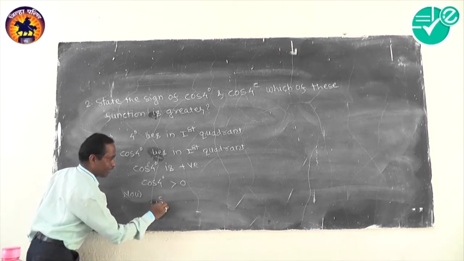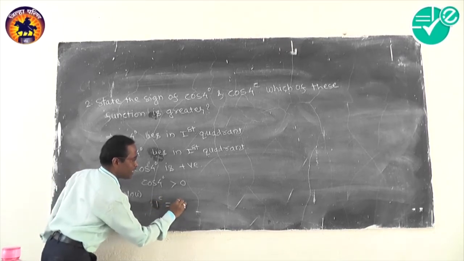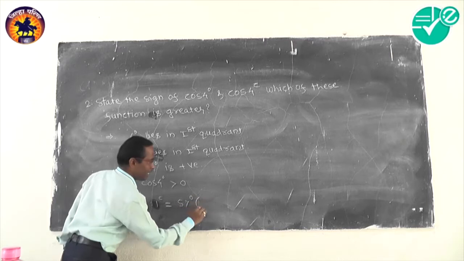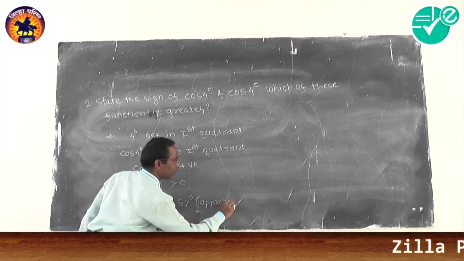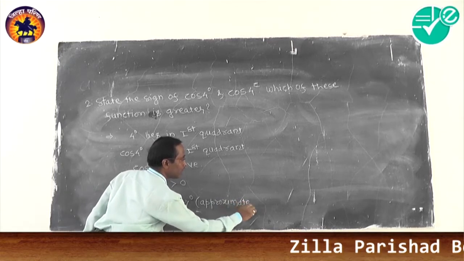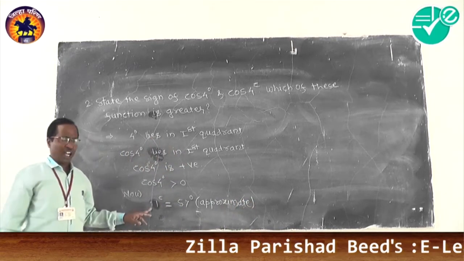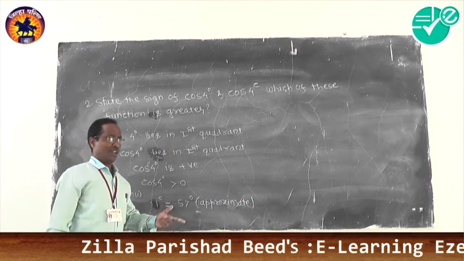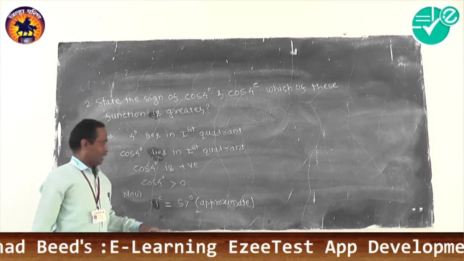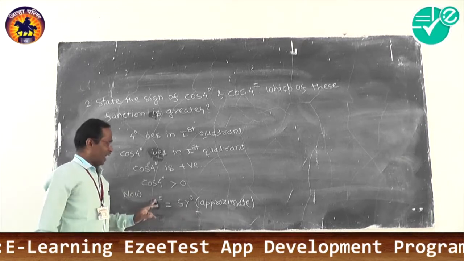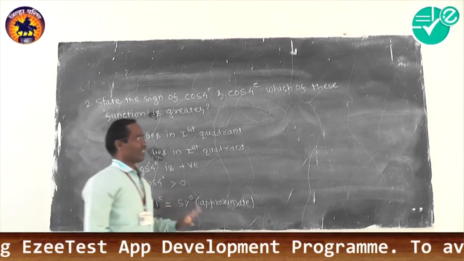Now 4 radian. 1 radian is approximately equal to 57 degree. One value of 1 radian is 57 degree 17 minutes 45 seconds, but we are going to take the approximate value of 1 radian as 57 degree.